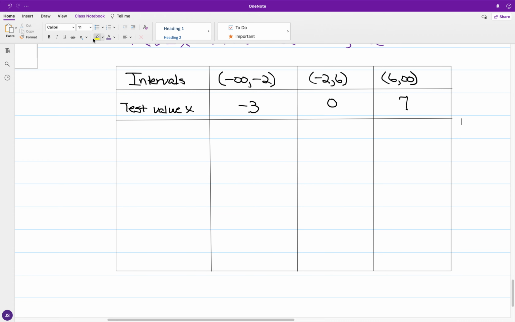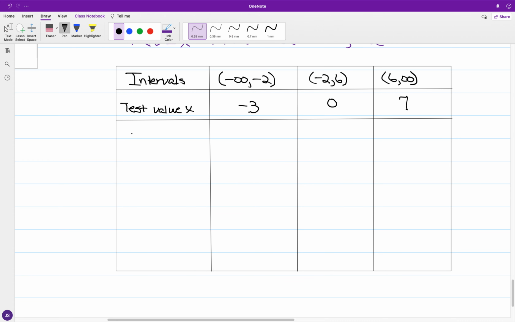And now testing the value of the function, where f of x is equal to x squared minus 4x minus 12. For f of negative 3, we have negative 3 squared minus 4 times negative 3 minus 12.